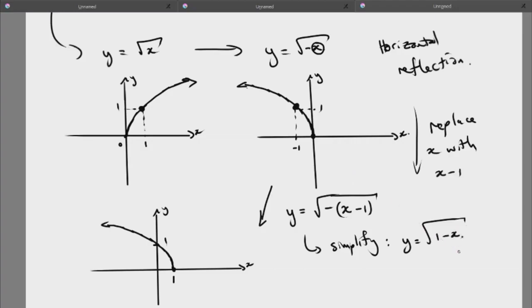So that tells us that if I see something minus x inside, there are really two transformations hiding, pretending to be one. The only way to get that is to bring in a negative in front of the x, and the only way to do that is with a replacement of x with negative x.